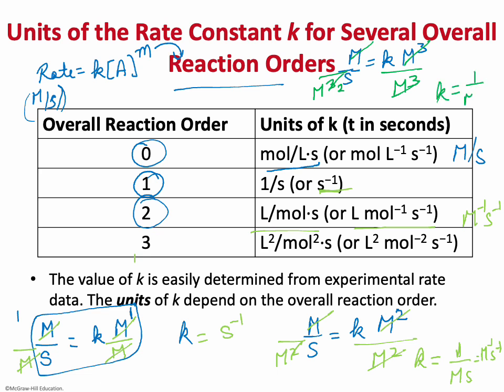K is 1 over M squared times second. You can write it like this, or you can write it as molar minus 2 second minus 1, which is also written like this. The only difference here is they have expanded molarity. Molarity is moles per liter, so instead of this, I could write moles per liter.